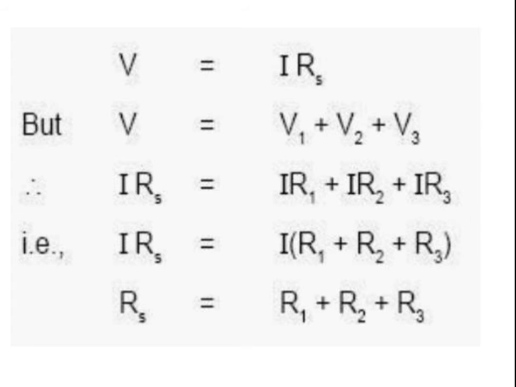So IR is V. V1, V2, V3. Then V is IR. So in series, IR1, IR2, IR3. As I've already told you, I remains the same in a series circuit, so we haven't named I as I1, I2, I3.